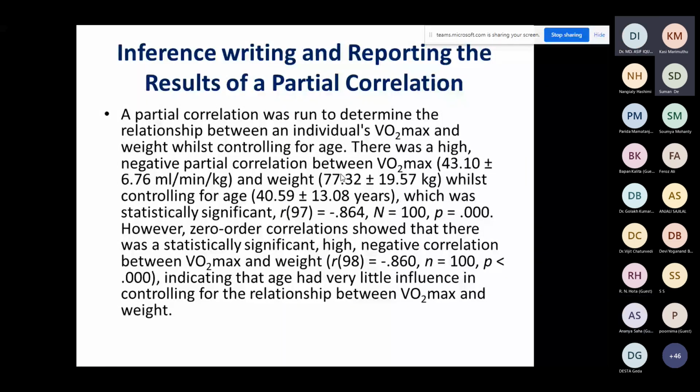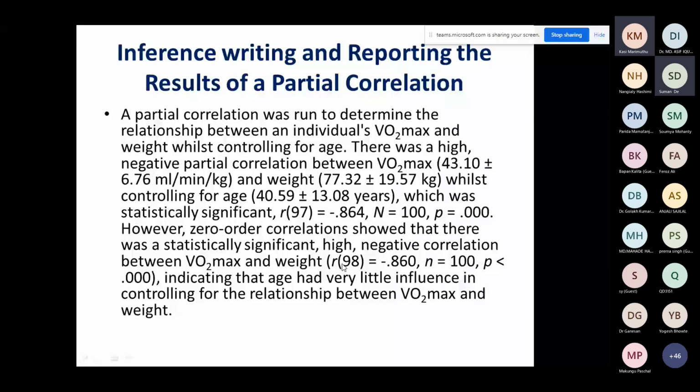Is there any significance? We need to spell out the results and highlight them also. Normally only two sentences are written in a paper. The first is the descriptive statistics, an overview of the nature of your participants: how old they are, what their weight is, what the average and deviation are. But the second sentence is about the main statistical inference, the purpose, about the relationship.